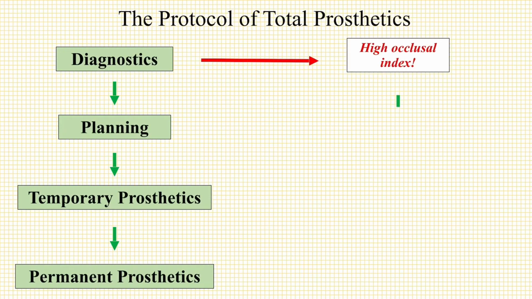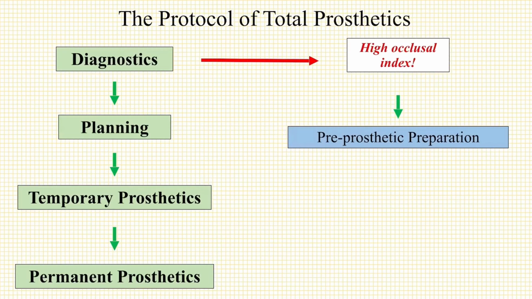High Occlusal Index. If we get this data, what do we do as part of our planning? We immediately write that pre-prosthetic preparation will be carried out. What does it include? If the patient came to us and we understand that in addition to having broken teeth, he also has problems with the TMJ, problems associated with muscles or a fascial pain or some other problems, then at the first stage we do not grind anything.